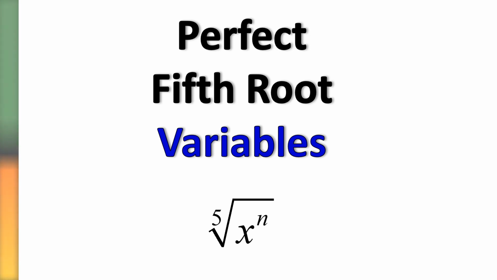Fifth root variables, you know they're fifth root because the index on the outside there is 5. And if the exponent of the radicand is a number that is divisible by 5, then it is a perfect fifth.